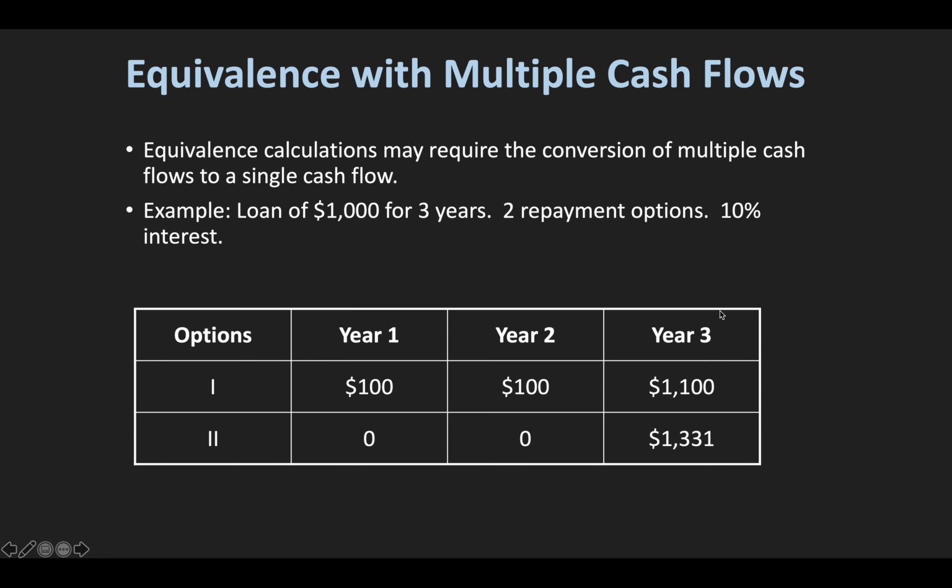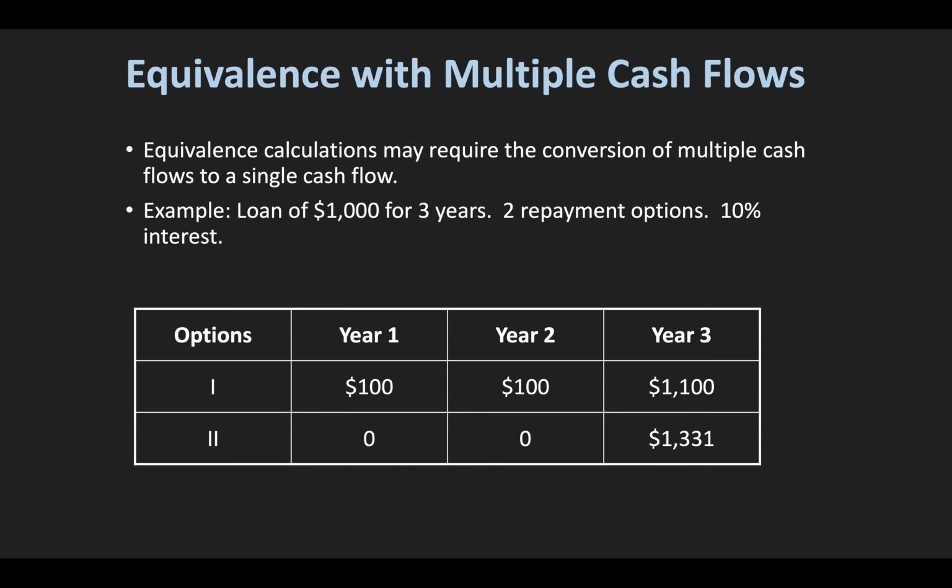That's option one. Then there's a different option. At the end of year one, pay nothing. Same at the end of year two, we pay nothing. But at the end of year three, we're going to pay back $1,331. So which one's better?